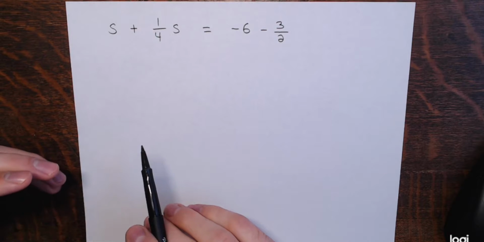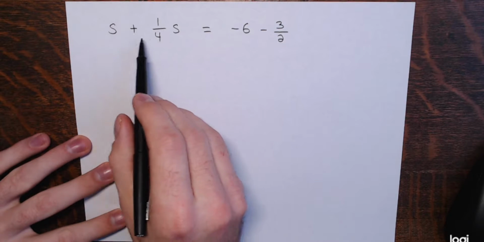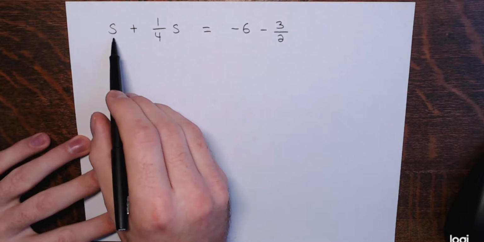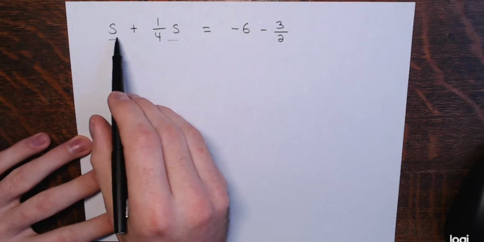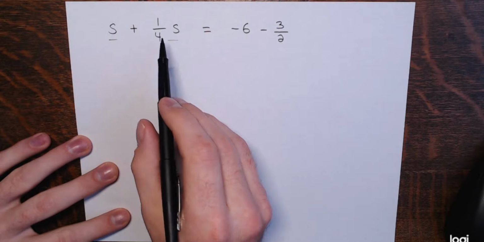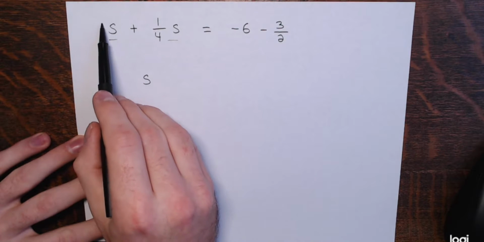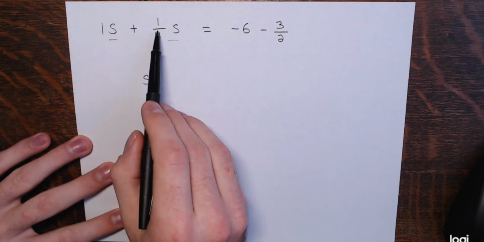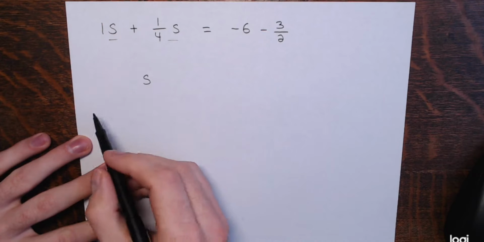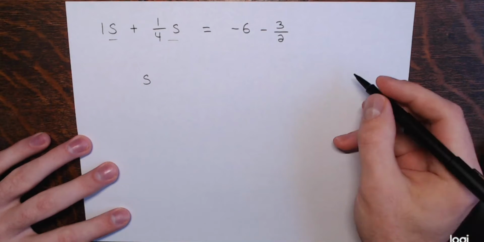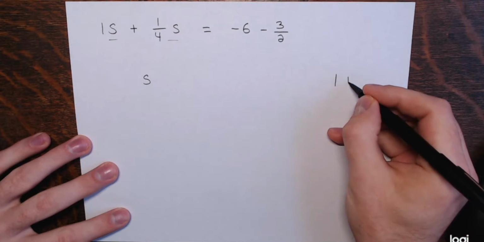Now when you combine like terms over here, both these terms have s in it. So we're going to have so much s. You add the numerical coefficients, right? So we need to know, and I'm going to do this off to the side, what 1 plus 1/4 is.